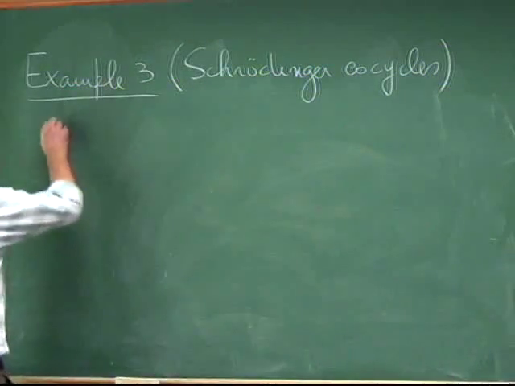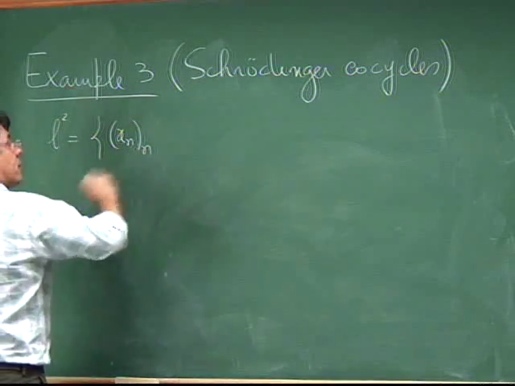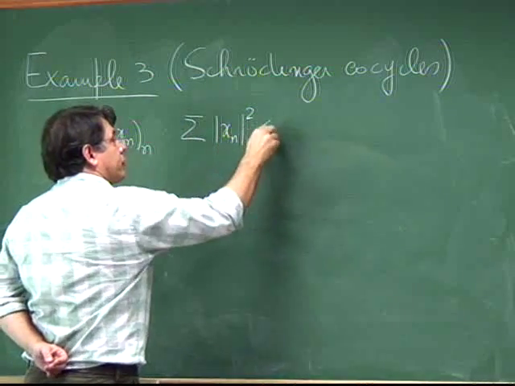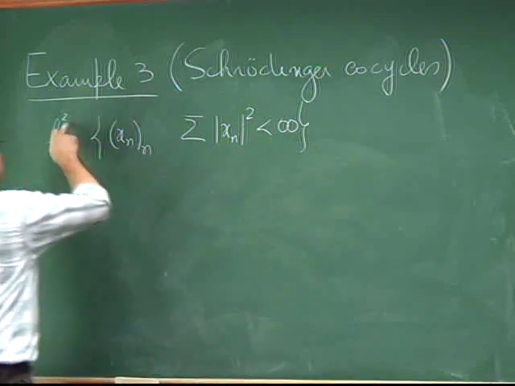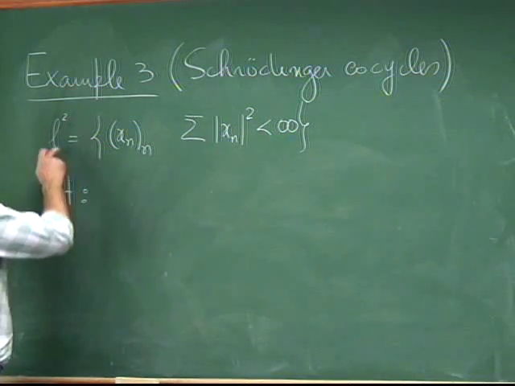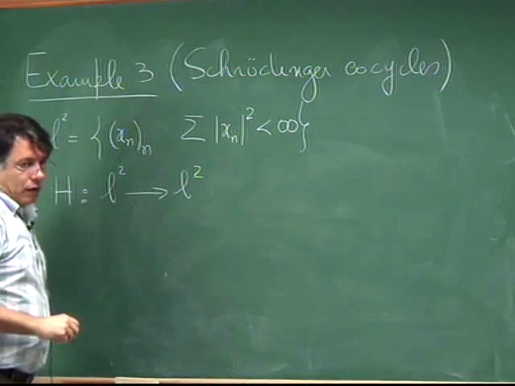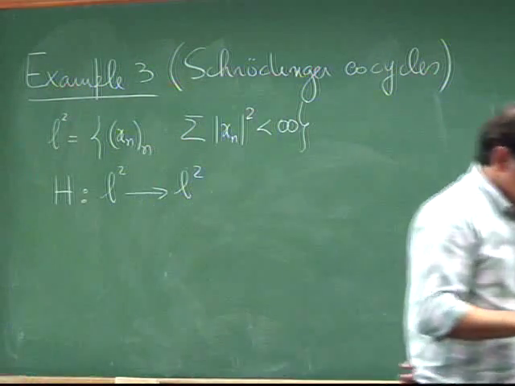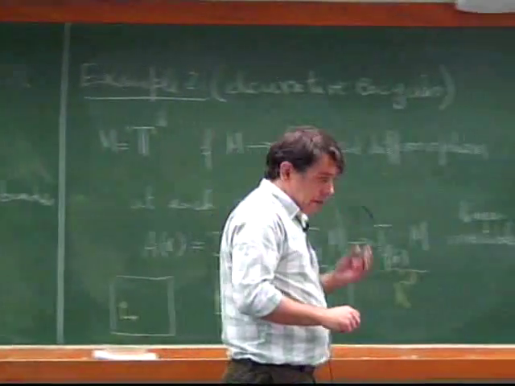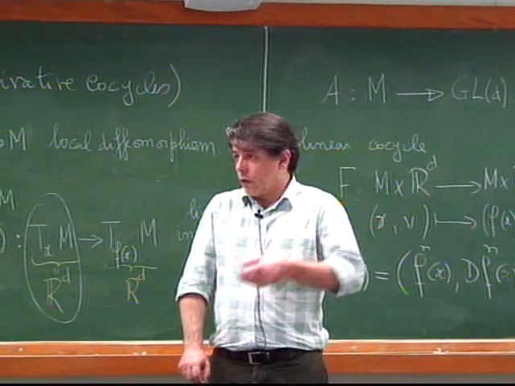So we take L2, the usual space of sequences such that the sum of the squares is finite. This is little L2. And then we take a linear operator on L2, H. H in classical mechanics is always used to represent energy, or the Hamiltonian.